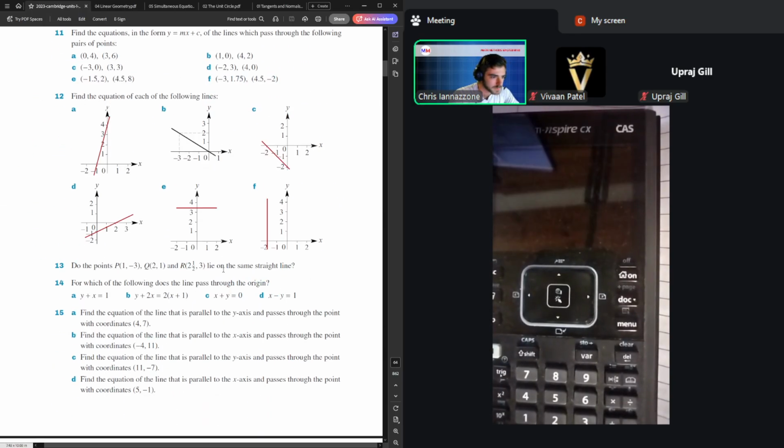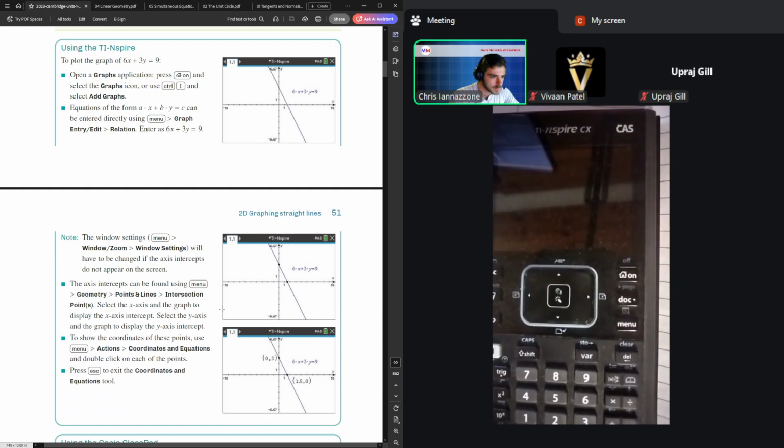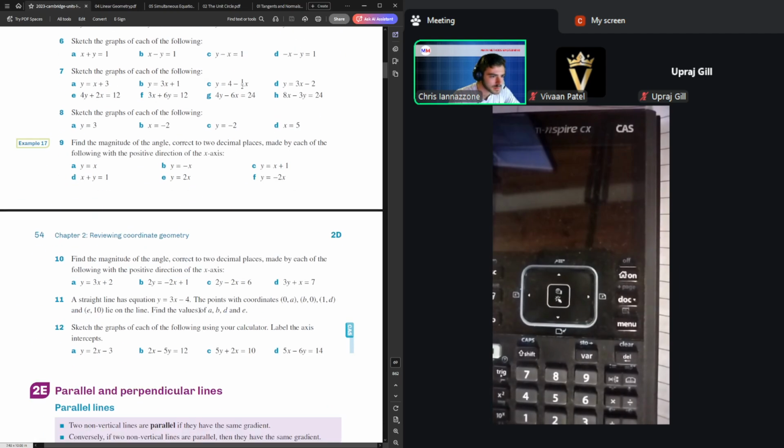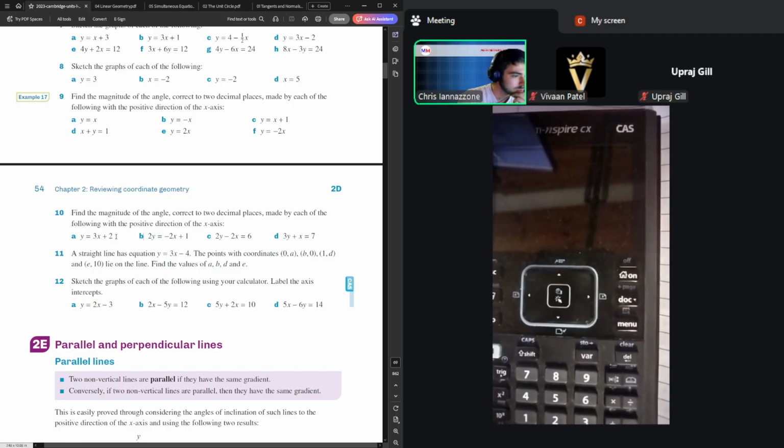What else needs to be shown? Graphing straight lines. No, graphing's whatever. Although magnitude of the angle, maybe I'll just do a live demo of one of these. What's a good one? Probably this one here. So we've got 3x + 2.